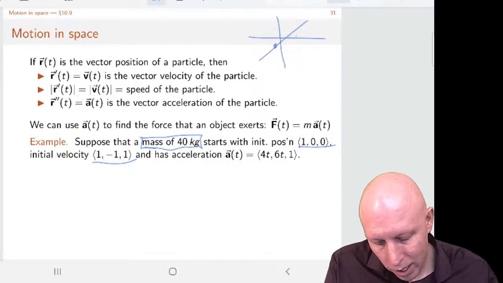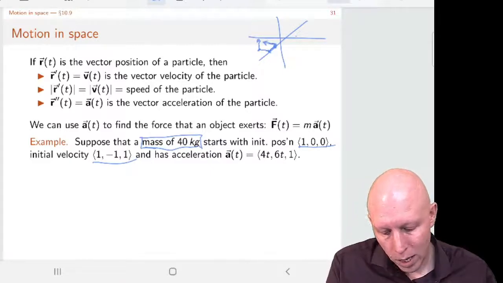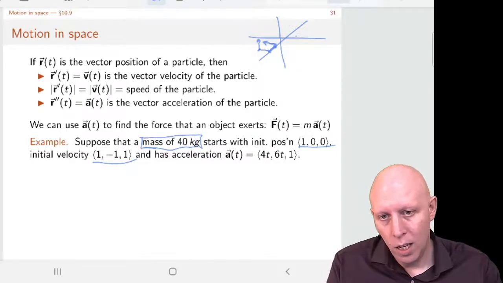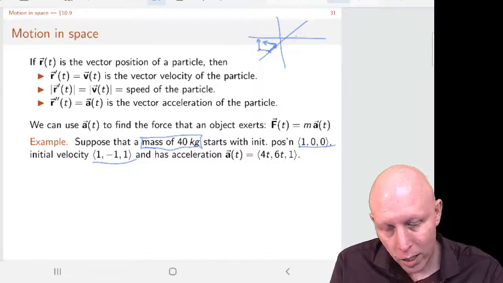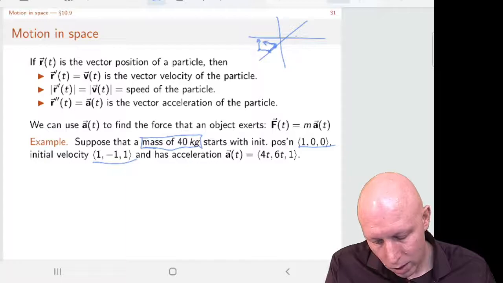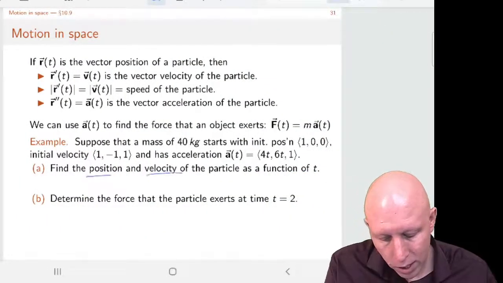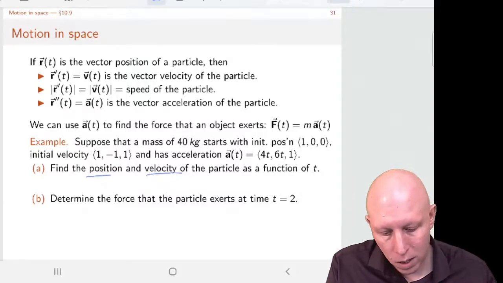We are moving at a velocity of (1, -1, 1), so that's 1 in the x direction, -1 in the y direction, and 1 in the z direction. So we're moving in this direction, and it's being accelerated in a certain way, related as a function of t. Find the position and the velocity of the particle as a function of t.